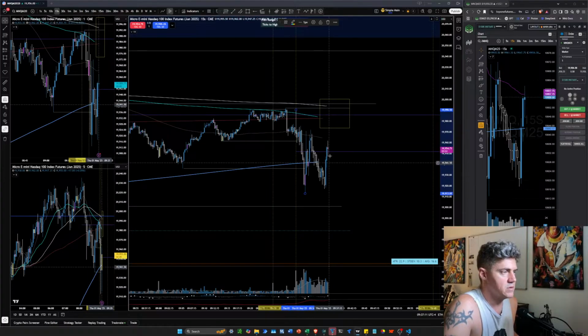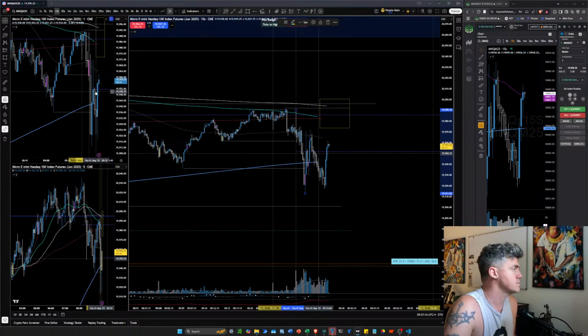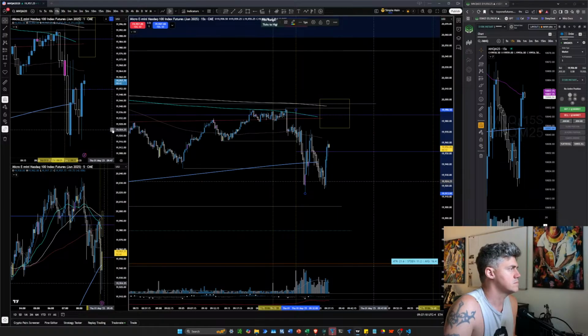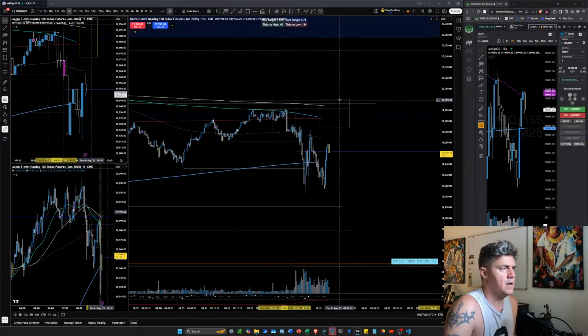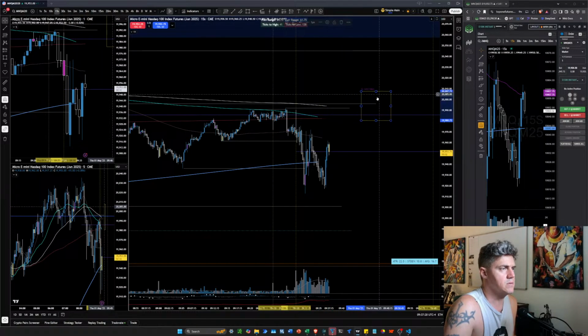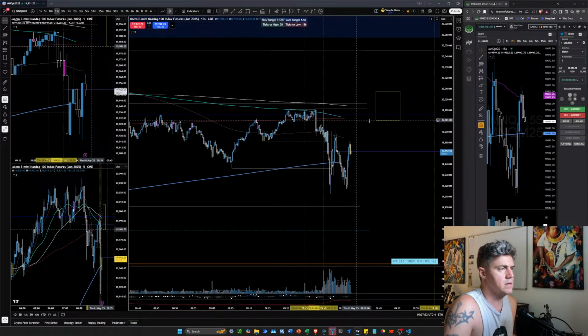So 50% of this range, if it starts to hold, you're going to have some confusion here. I think we pop and take this liquidity right quick though, honestly. This buy side.